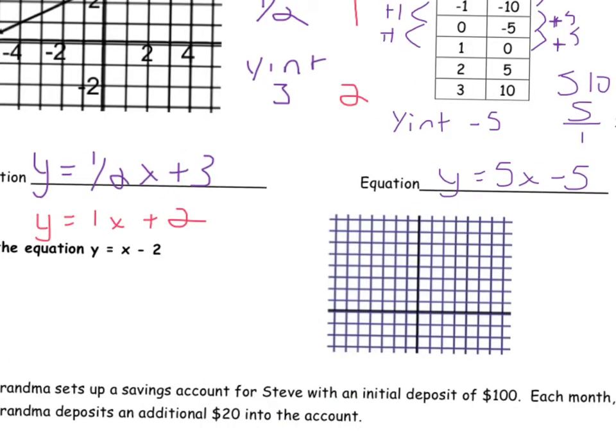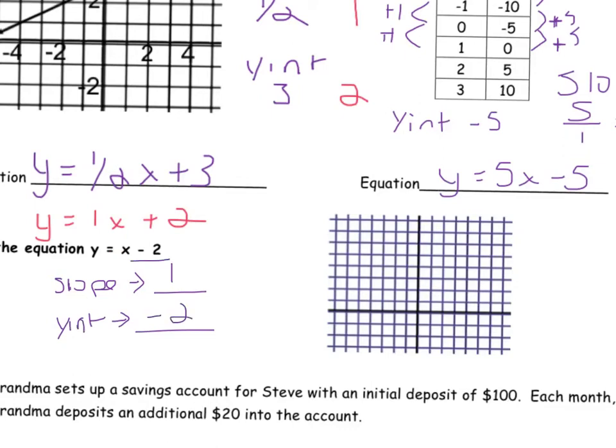Okay, to graph, again, I am highly suggesting you pull out your slope or your rate first. Slope and y-intercept. So my slope, I had to come find the x, because remember the slope or the rate is the coefficient of x. Since there isn't anything there, it is 1. And my y-intercept is the other number, negative 2.